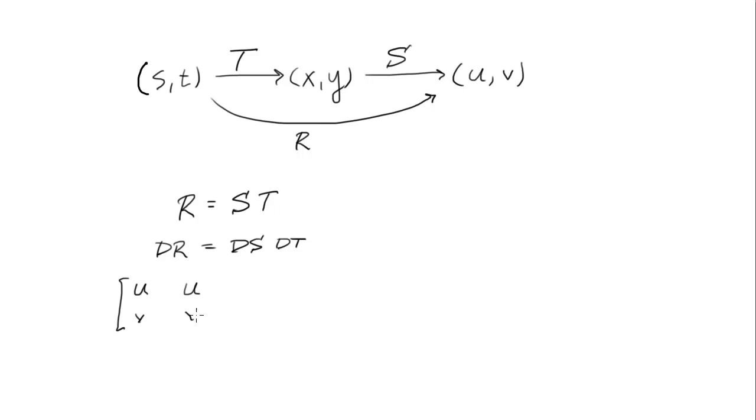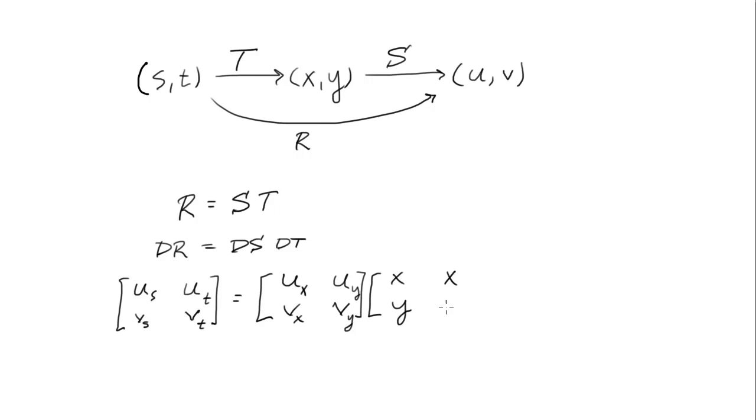To see this, you take our position vector and take the partials. Those are our tangent vectors. That's our matrix. Position vector (u, v): take the partials to get our tangent vectors, the columns of our matrix. Position vector (x, y): take the partials, columns of the matrix.